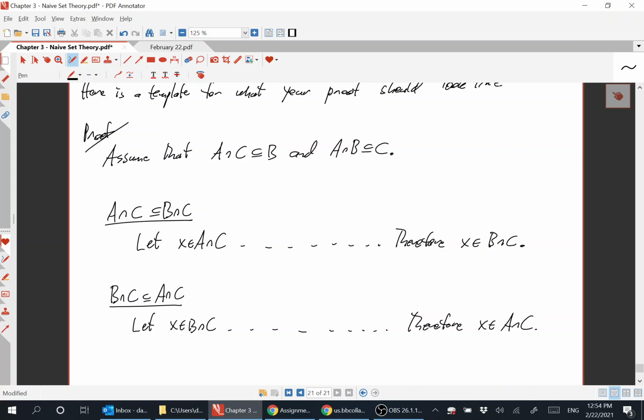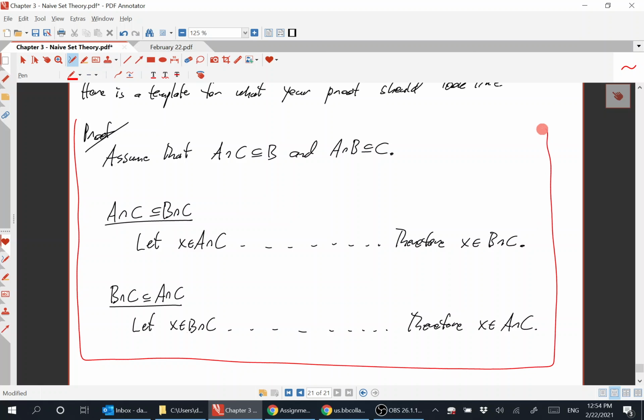So if you wanted to say that this proof is the same as that, just with A and B exchanged, that would be okay. But this is a basic template for how your proof should look. So all you've got to do is fill in the blah, blah, blah. Just fill in those dots. I mean, there are going to be some things that need saying in that case.